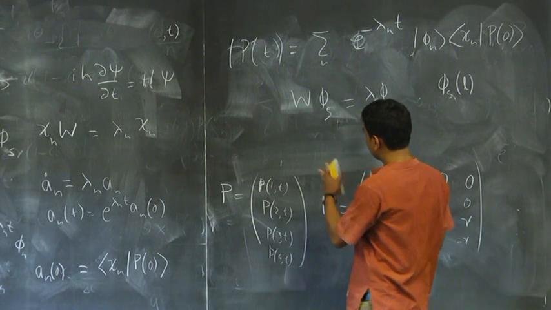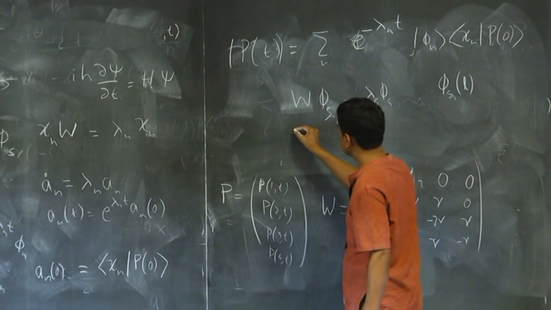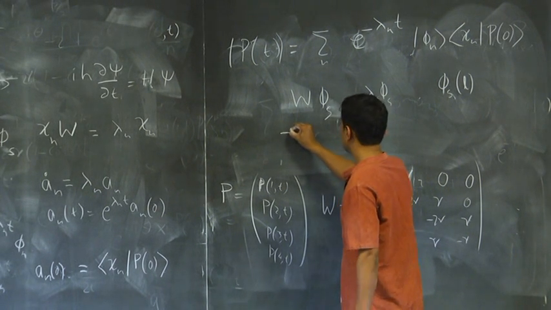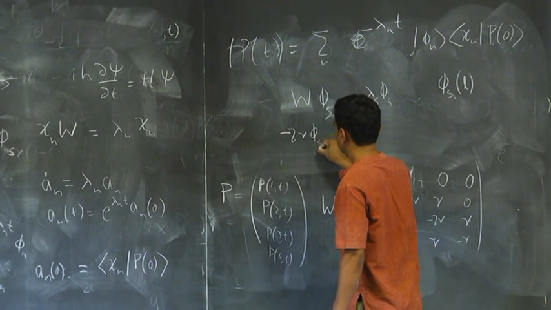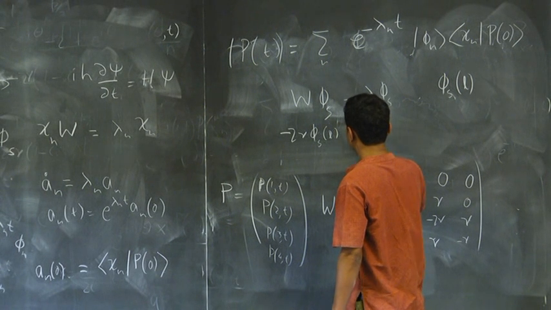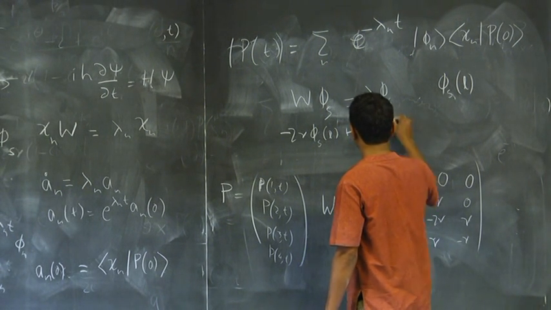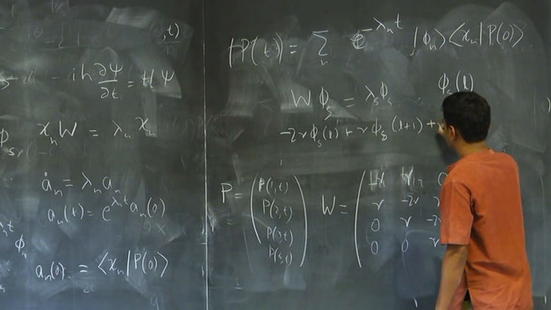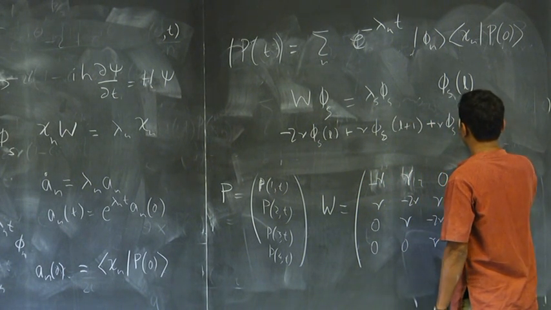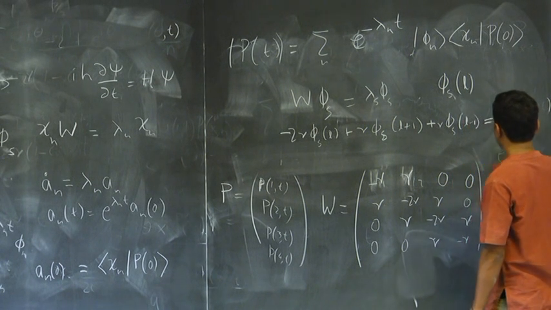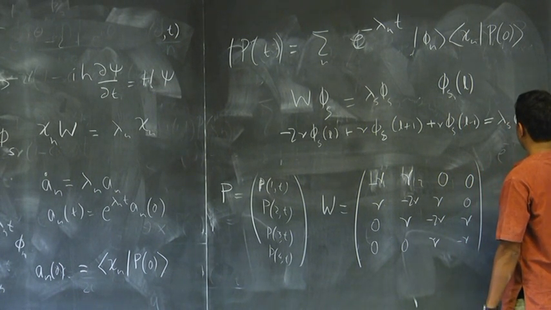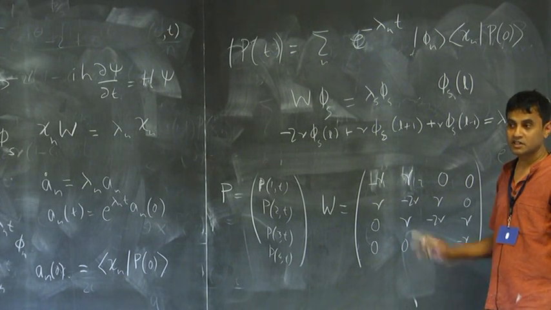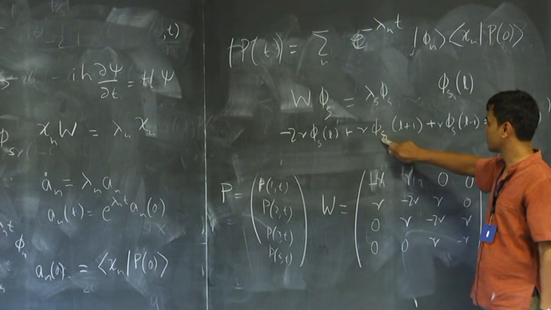If you expand this equation and write the components, in general it is minus 2r phi s L plus r phi s of L plus 1 plus r phi s of L minus 1 equals lambda s phi s of L, and this is basically the same as this equation.